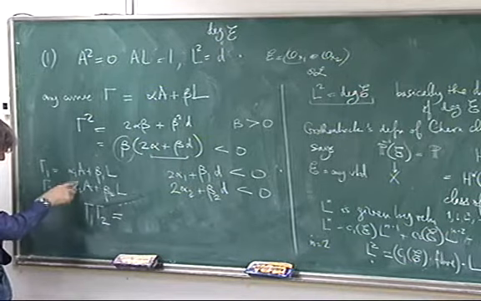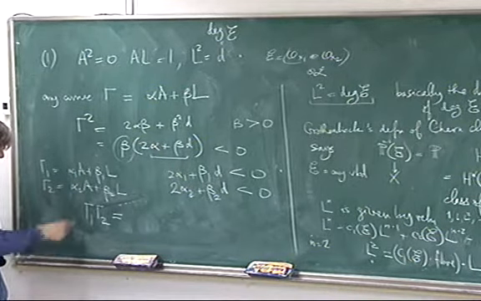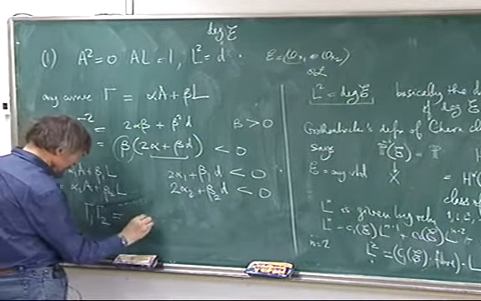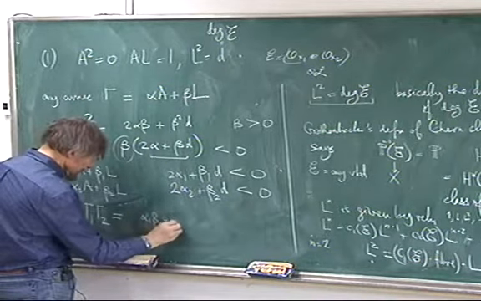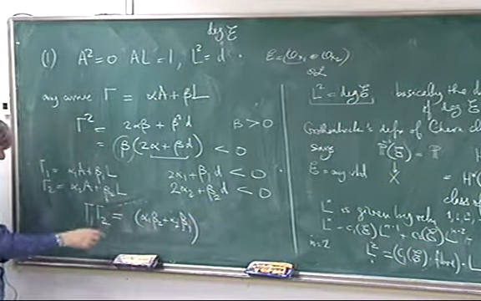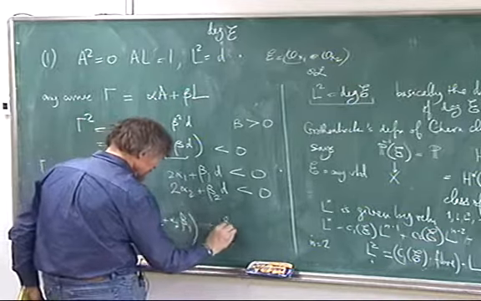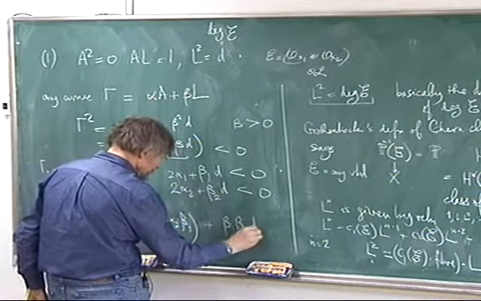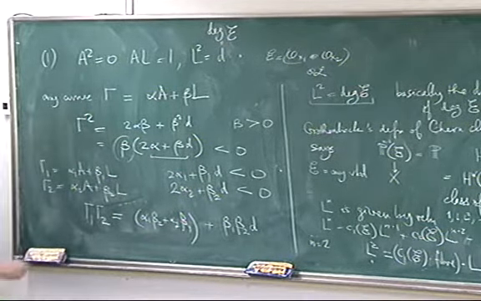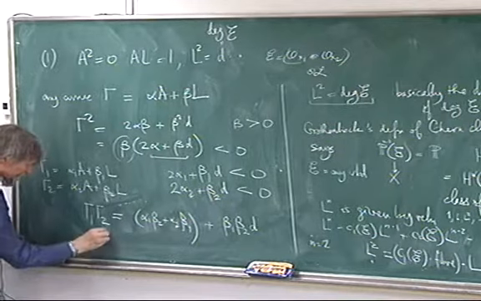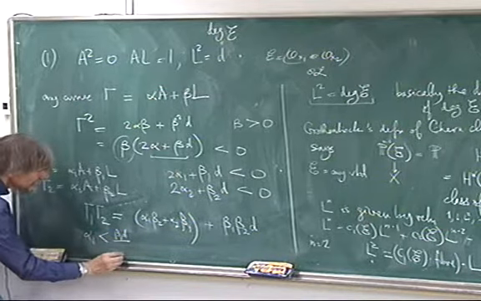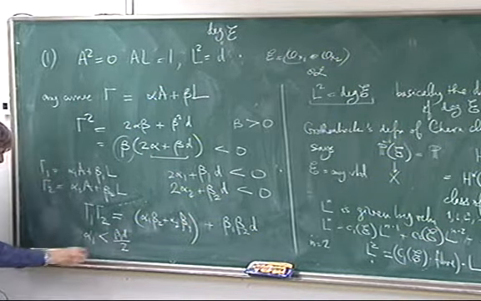I do alpha 1 alpha 2 times A squared, which is nothing, and then alpha 1 beta 2 plus alpha 2 beta 1 times A times L, which is just 1, and then plus beta 1 beta 2 times D. Now I'm just going to substitute: alpha 1 is less than beta 1 D over 2 minus.